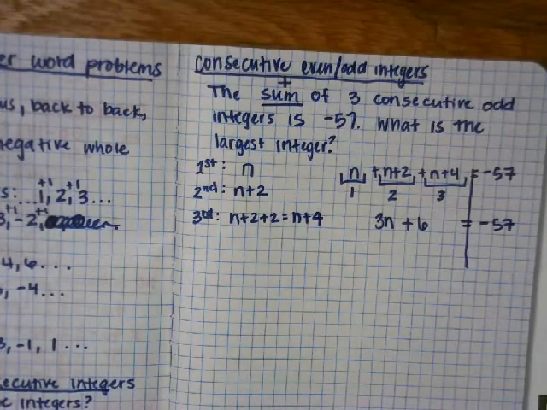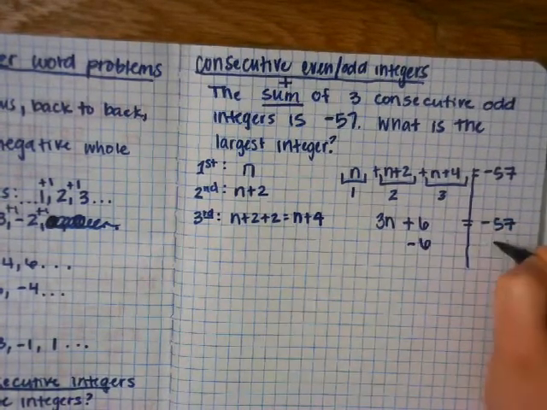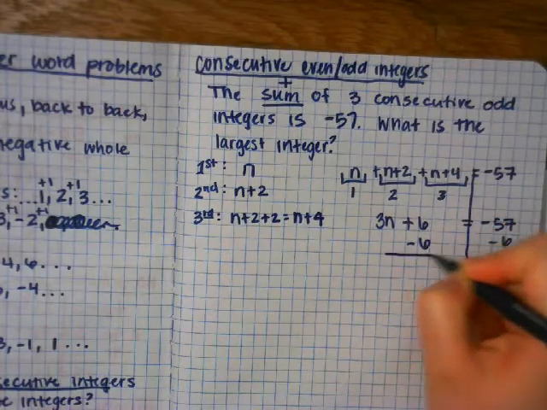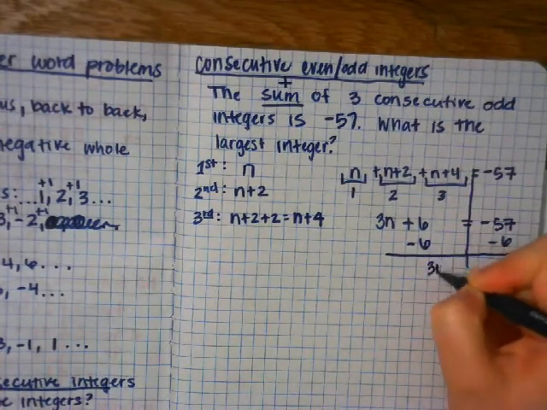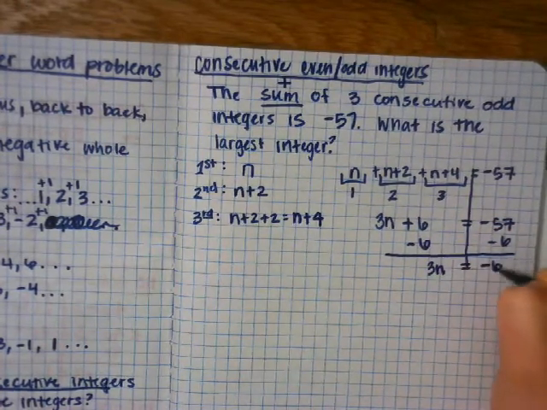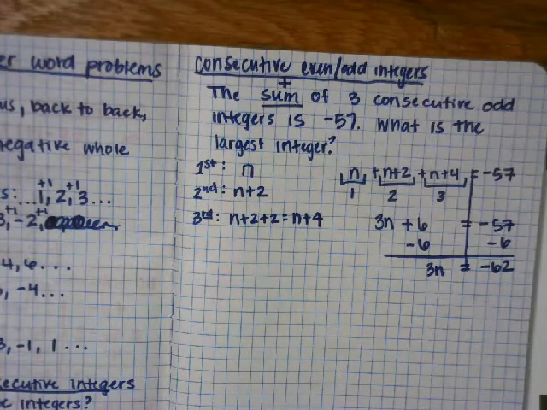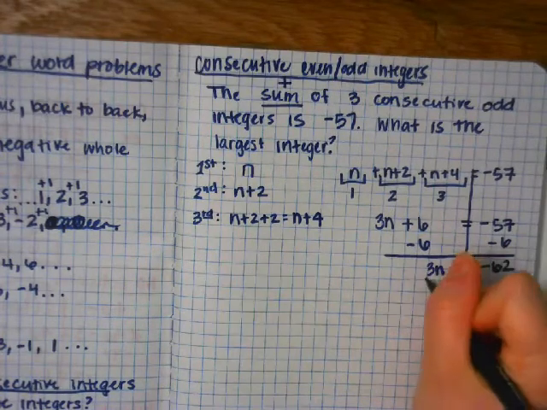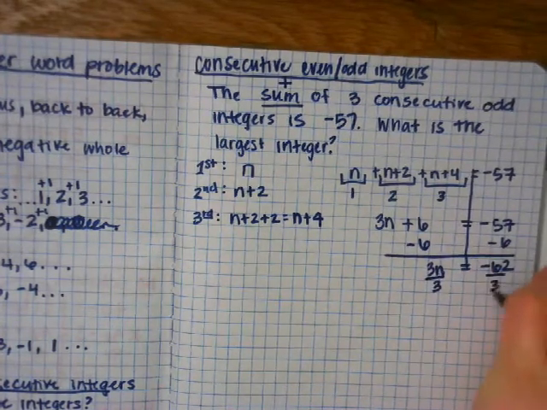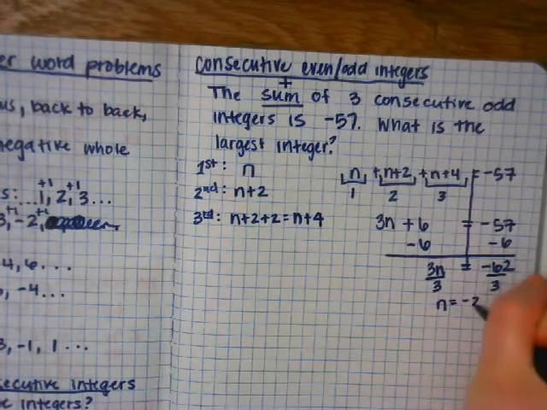Now we subtract 6 from both sides, and I'm left with 3n equals -63. Divide by 3, and n equals -21.